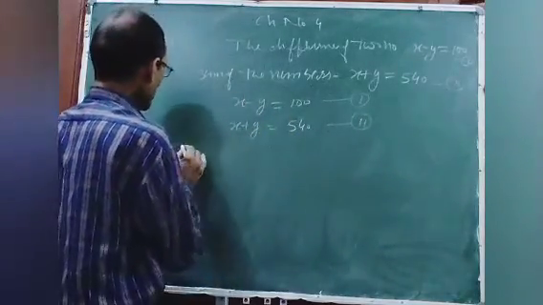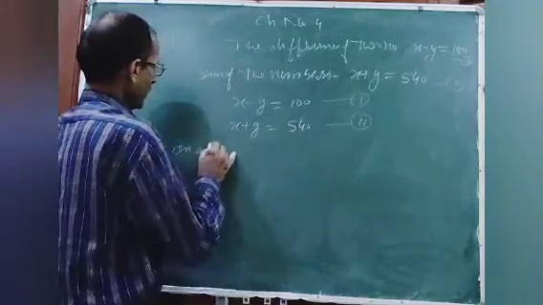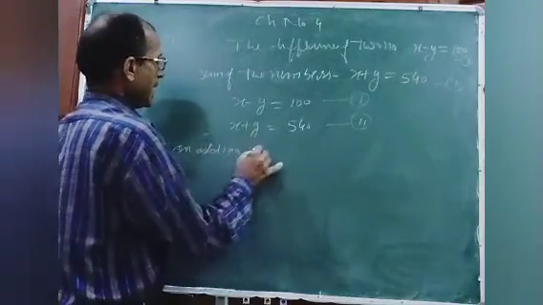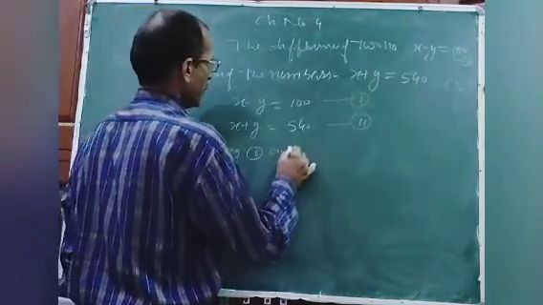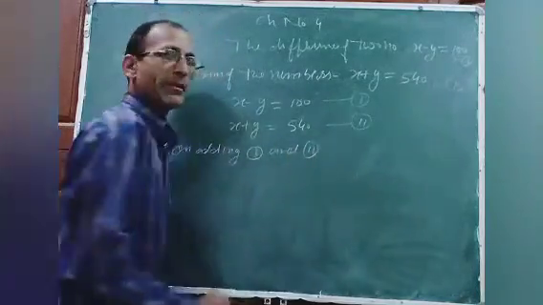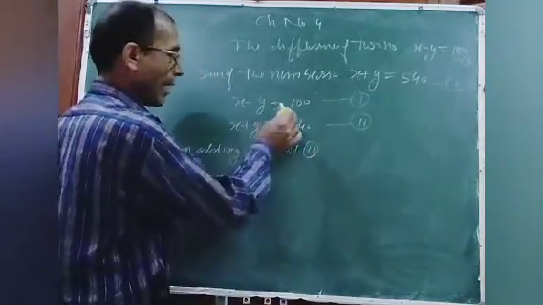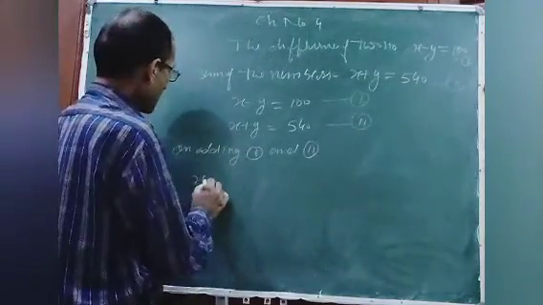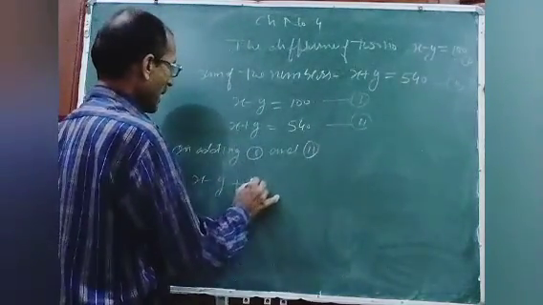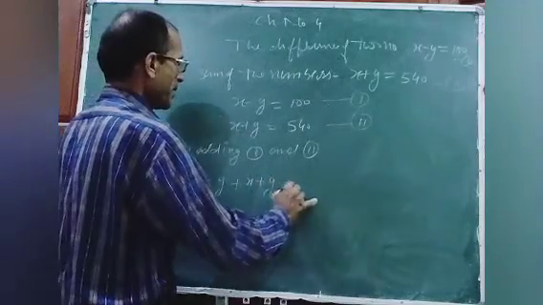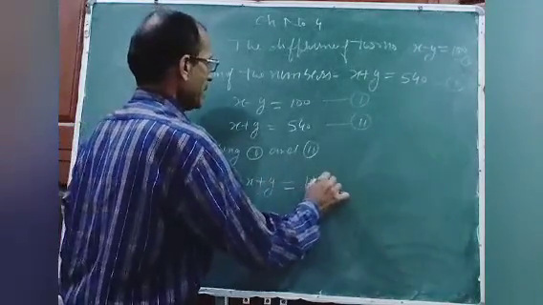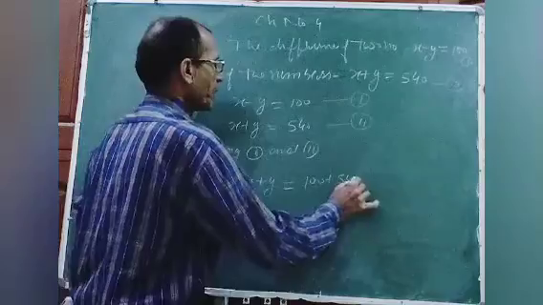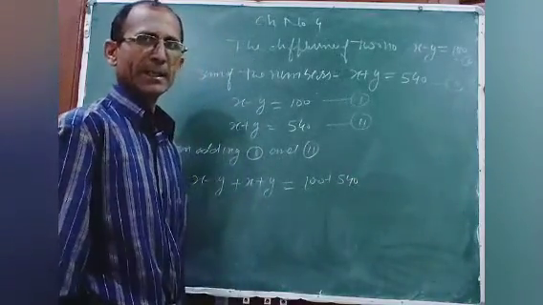So on adding 1 and 2, now I am adding horizontally, it means x minus y plus x plus y is equal to 100 plus 540. All are understanding?